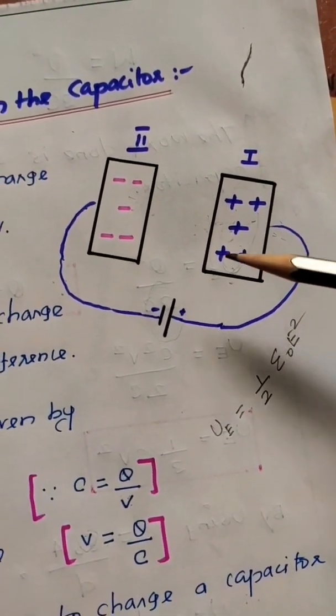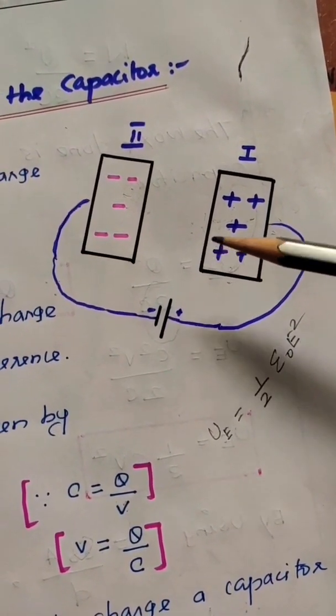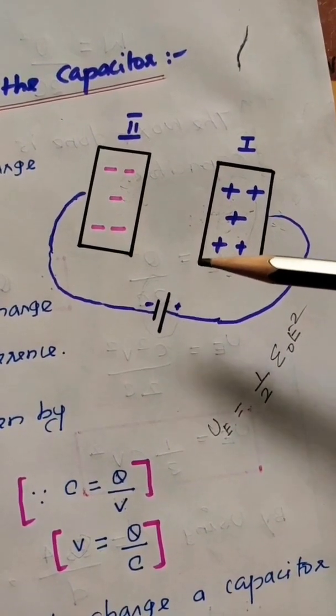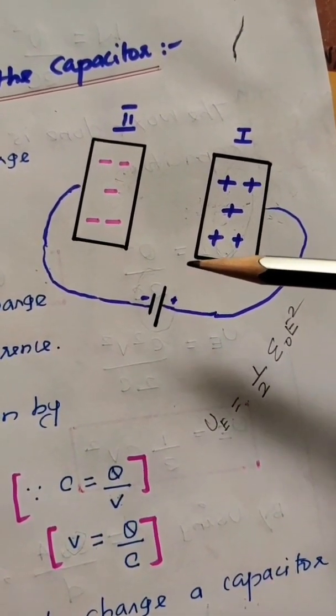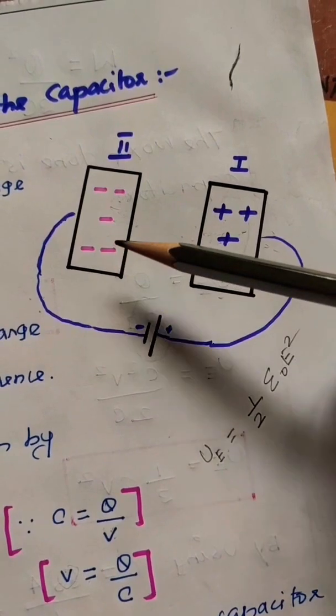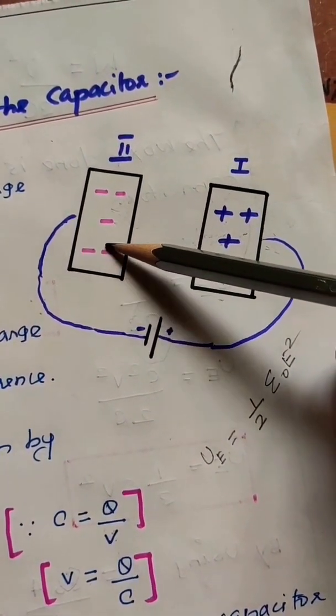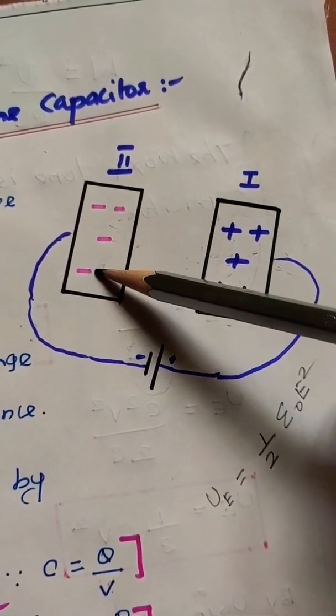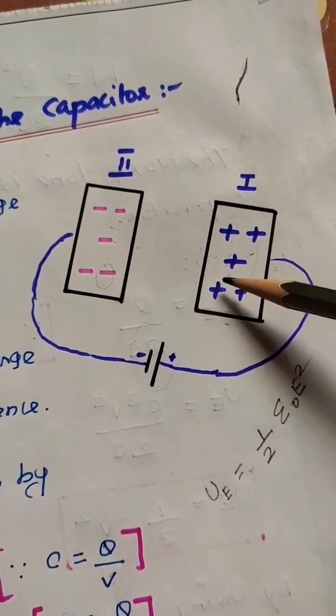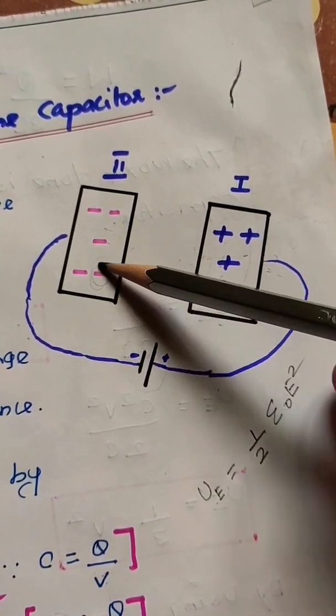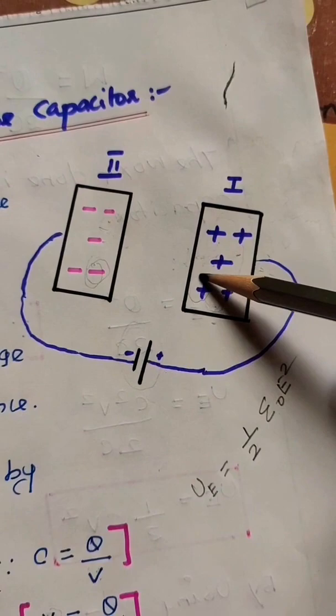One more thing, the diagram tells us that once the capacitor is allowed to discharge, the energy is retrieved. The negative charge is transferred from metal plate 2 to metal plate 1, so the negative charges neutralize the positive charges.